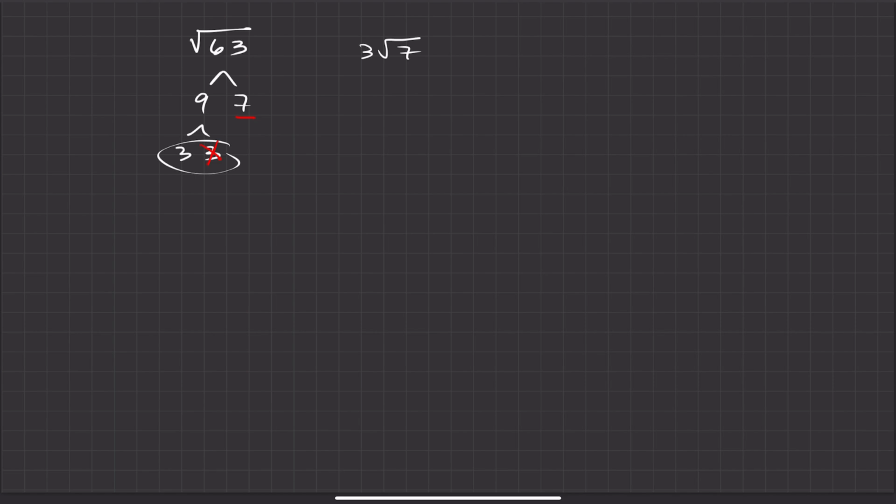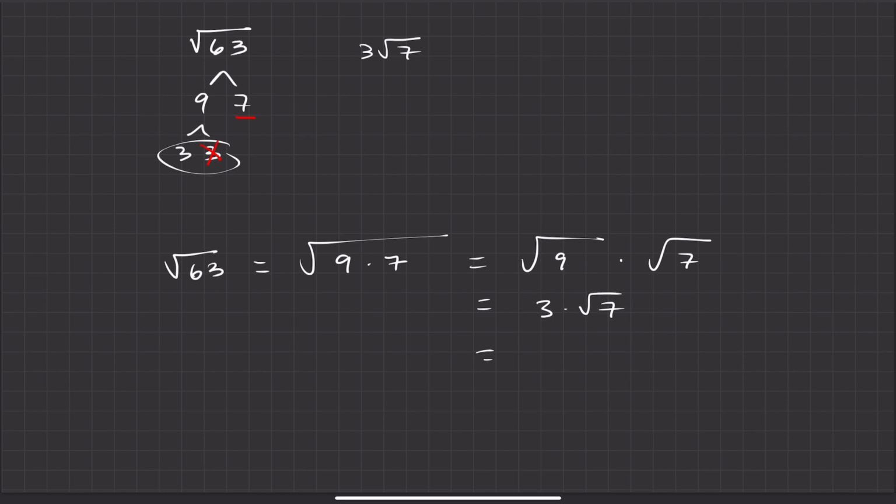That's my answer. Okay? And then the other method would be root 9 times 7, or root 9 times root 7, so 3 times root 7. Hence 3 root 7. Just like so. Okay?